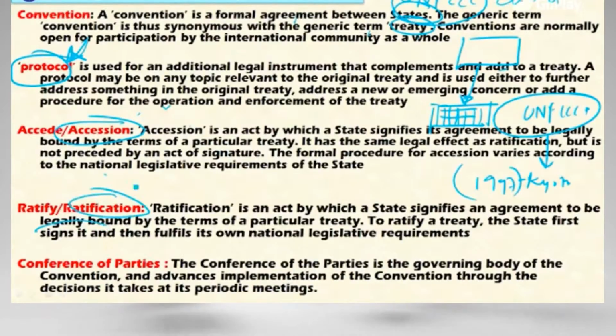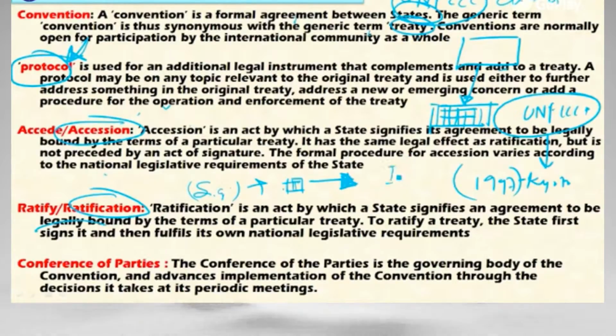In every convention, the heads of states or designated parties put their signature for acceding to the convention. That does not stop there itself. Those governments have to bring that agreement into their respective parliaments.